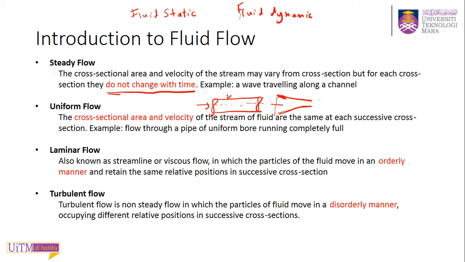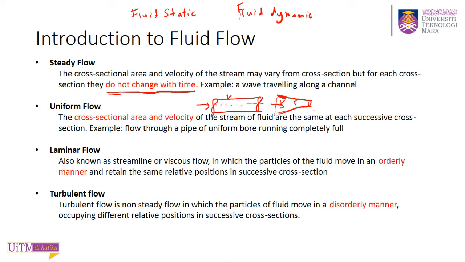When your cross-sectional area is different, your velocity will also change. The velocity here is lower than here, because the area here is smaller, which means the velocity here is larger. So when you have this situation in the pipe, we call it non-uniform flow, because the velocity and the area are not the same. Alright, so that's uniform.